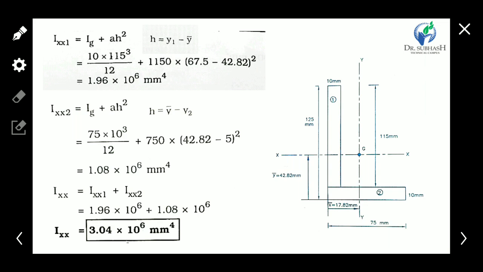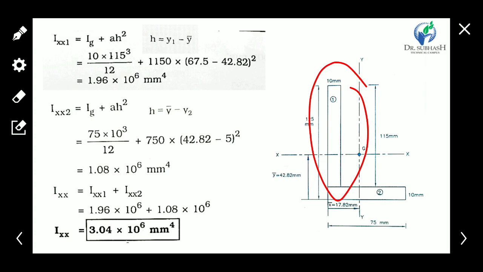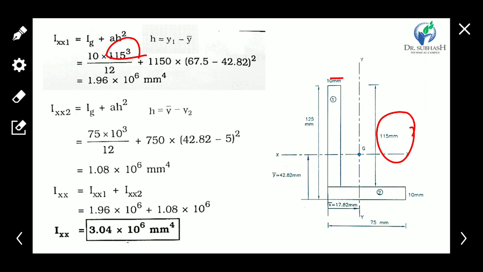Okay, now we have to find the moment of inertia about the xx axis and yy axis. For that we have to find the moment of inertia of individual elements 1 and 2 about the xx axis. Let's consider the first element. For Ixx1, Ig of this first element is bd cube by 12. So breadth is 10 and depth is 115 mm, so 115 cube upon 12.